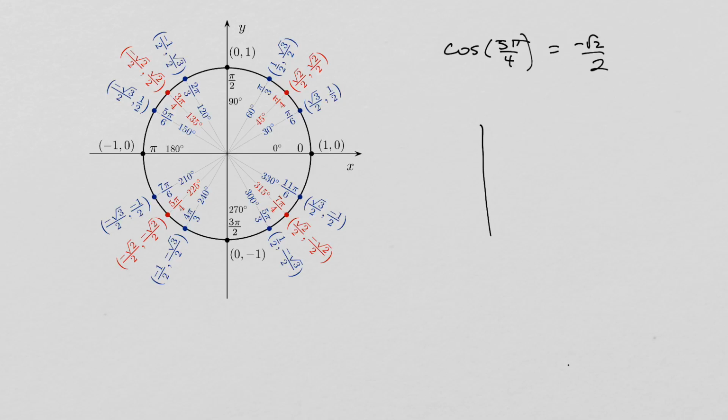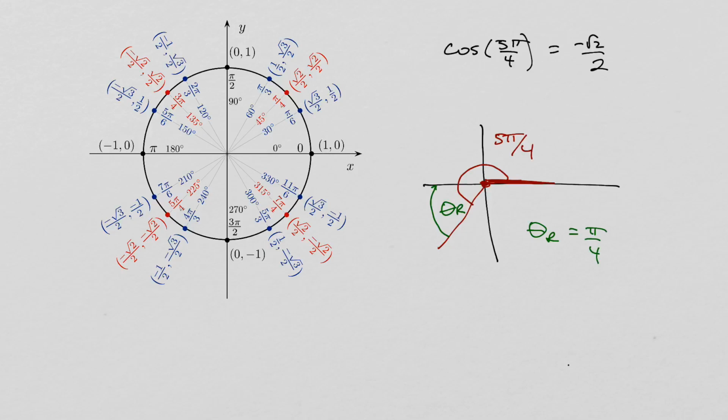Here's my reference angle. It's right here. 5 pi over 4 goes around to there. My reference angle goes from the terminal side to the closest x-axis, so it's right there. So my reference angle here is pi over 4.